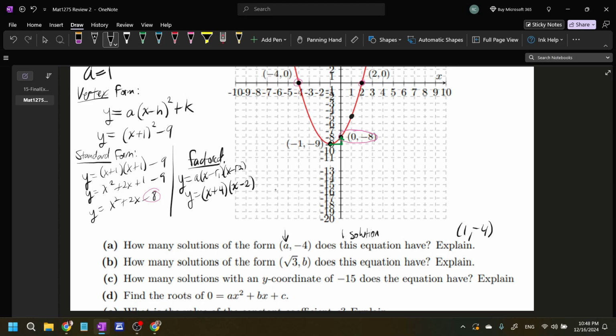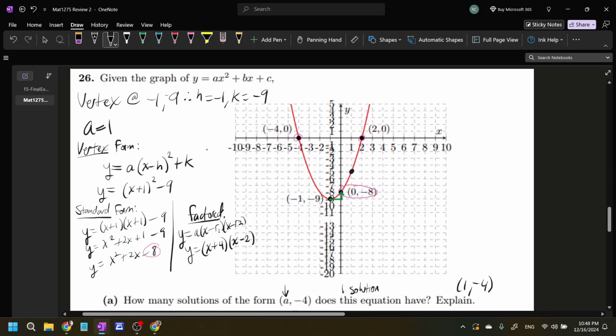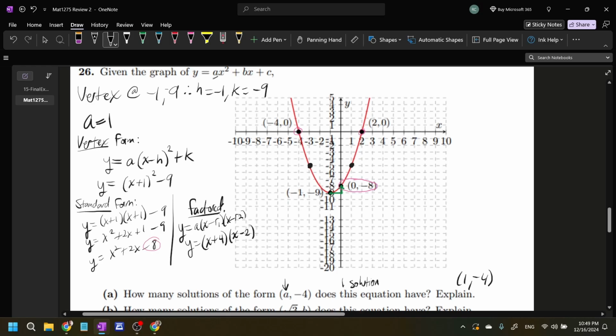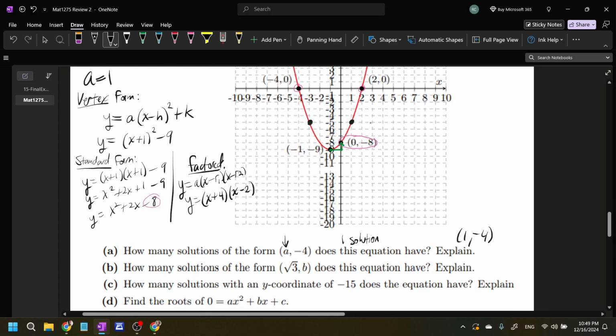Now, if they mean a different leading coefficient, if the a that they're talking about is not this a, then we would have two solutions because then a could be 1 or -3. So depending on what they're asking us, this is a pretty weirdly worded question. I think this a here is not the same as this a here. If that's the case, then we've got two solutions.